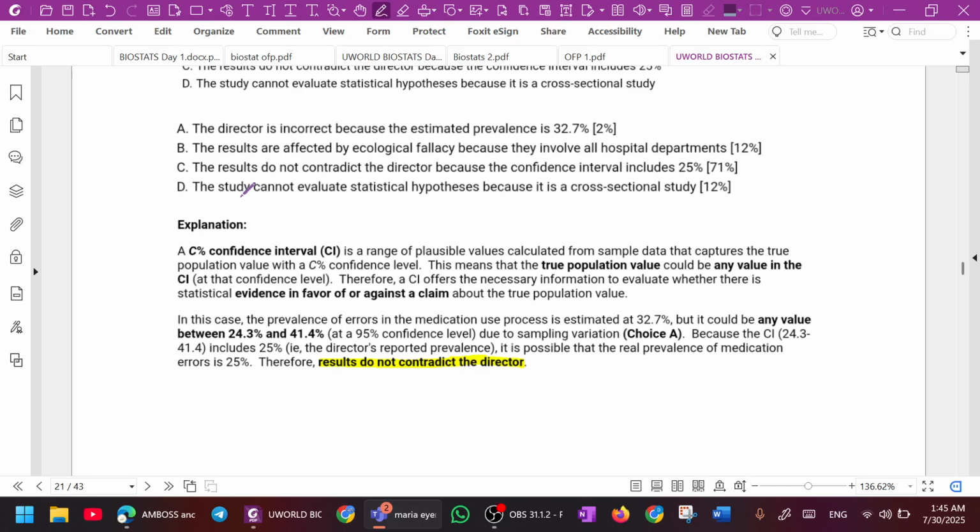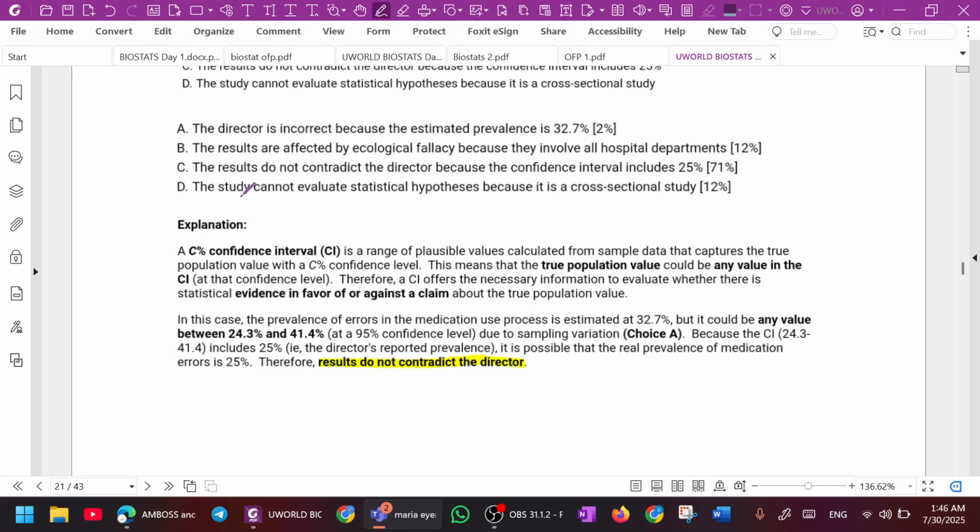In this case, the prevalence of errors in the medication use process is estimated at 32.7%, but it could be any value between 24.3 and 41.4 at a 95% confidence interval due to sampling variation.